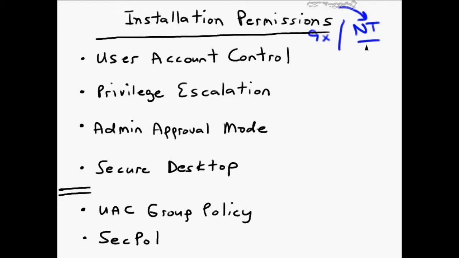That started with Windows NT Workstation 4, went up to Windows 2000 Professional, went into Vista Business, Vista Professional, Vista Ultimate, Vista Enterprise, and then we have the same thing with Windows 7. Specifically with regard to software installation on business class Windows, only administrators are allowed to install software by default.